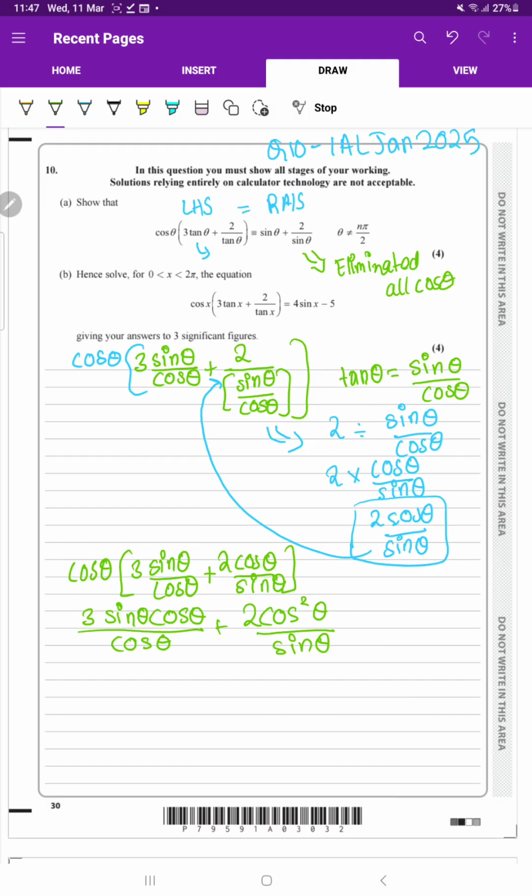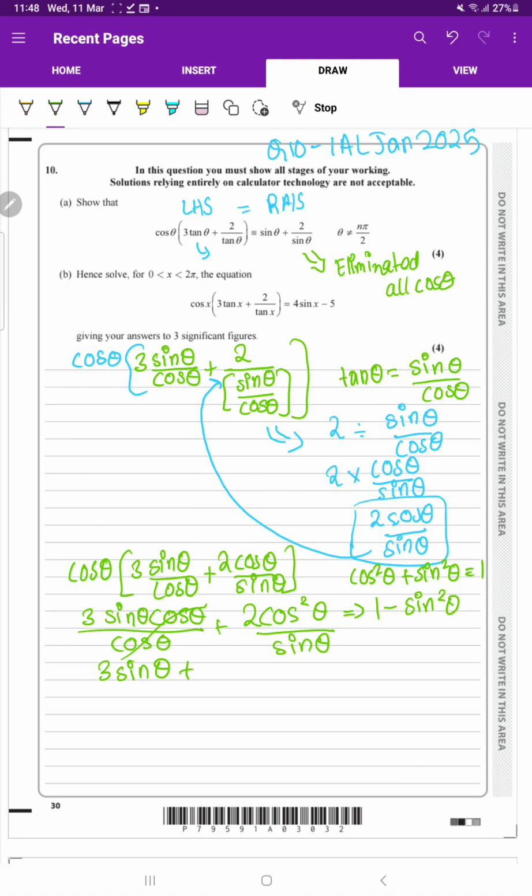So the cos theta cancels out, and we have 3 sin theta plus, now we can switch cos squared theta to 1 minus sin squared theta, because cos squared theta plus sin squared theta is equal to 1.